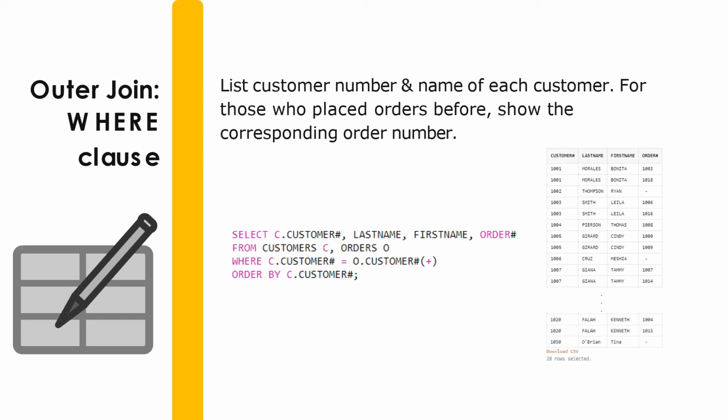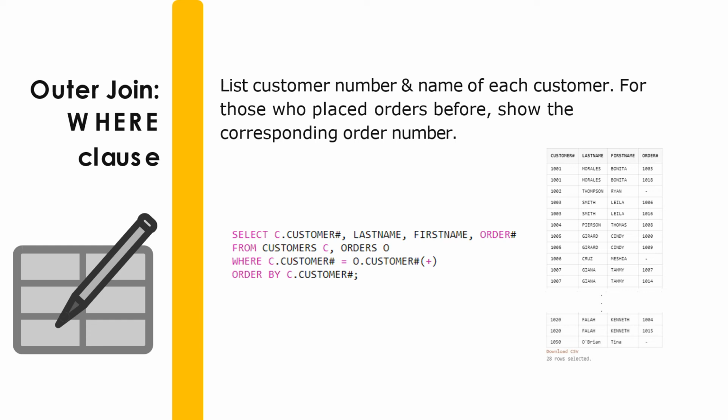As we can see in our output at the right, we have the details of all our customers. And if they have ordered before, we are also including the order number. And for those customers that do not have any orders before, we are still getting their details, but we are leaving the order number blank.